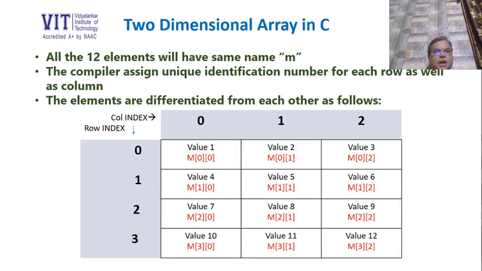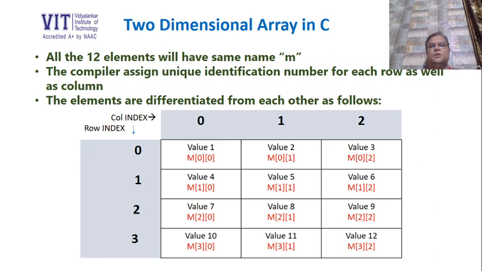As you can see in the diagram, this is a two-dimensional array which consists of 1, 2, 3, 4 rows and 1, 2, 3 columns. So the row index for the first row will be 0, second row 1, third row 2, next row 3. So the row index by default starts with 0.